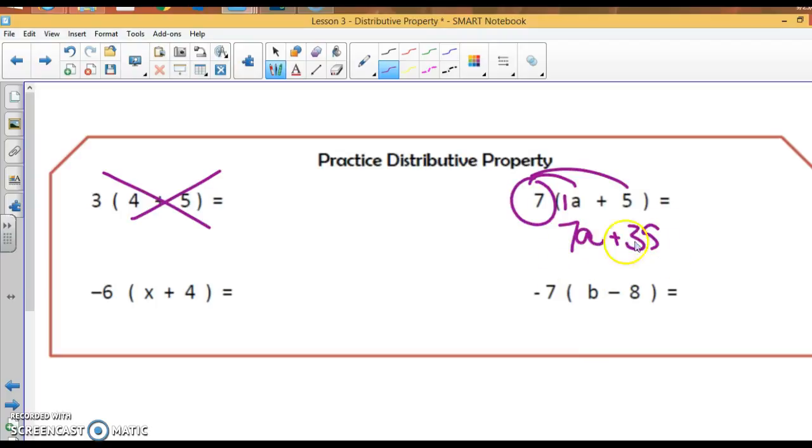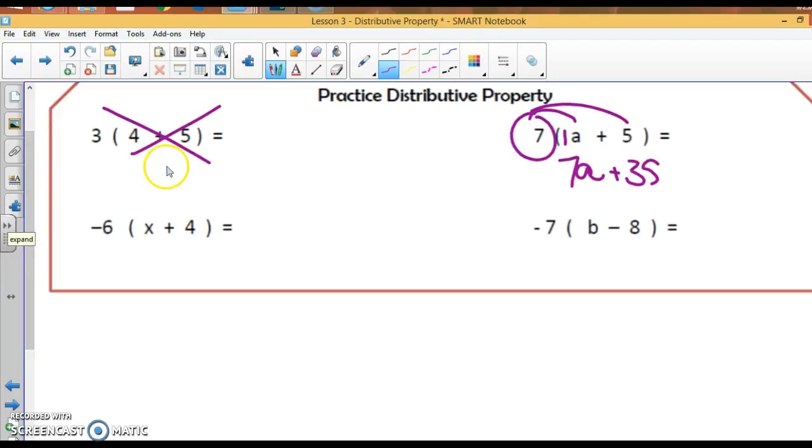That's it. You cannot add these together because this is like 7 apples and $35. If you put 7 apples and $35 in a bowl, you're not going to have 42 apple dollars. It's just going to be 7 apples and $35. They're not like terms. You can't add them.